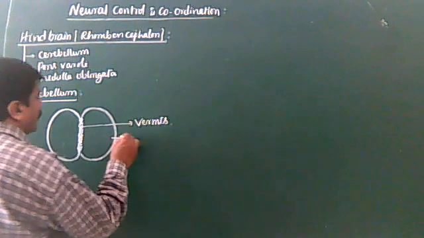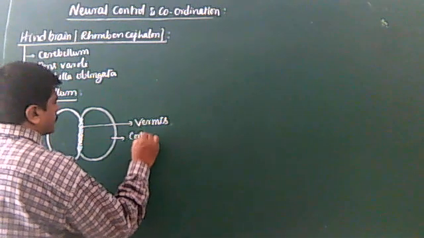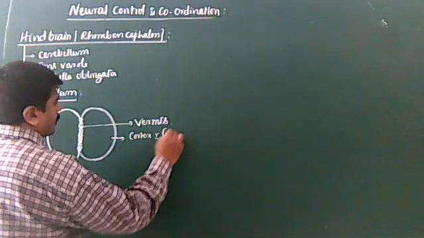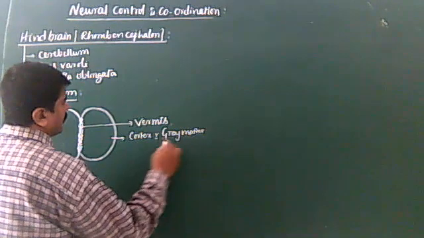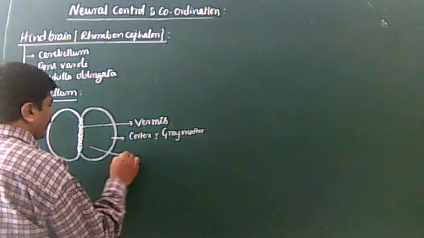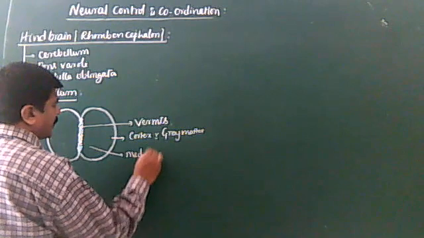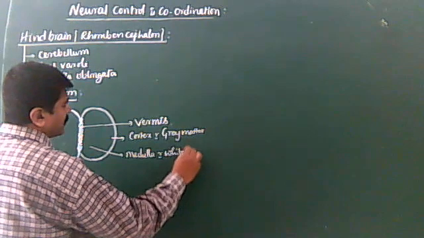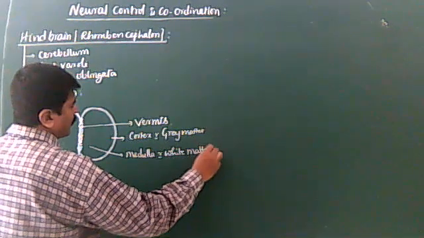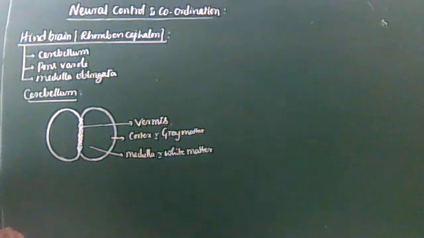As usual, its outer layer is called the cortex or gray matter, containing neurons, and the inner medulla, also called white matter, contains medullated nerve fibers.